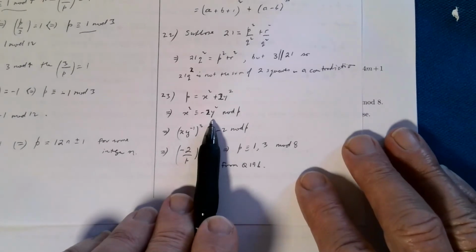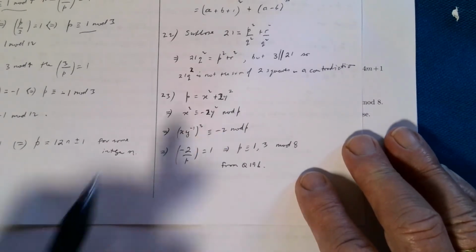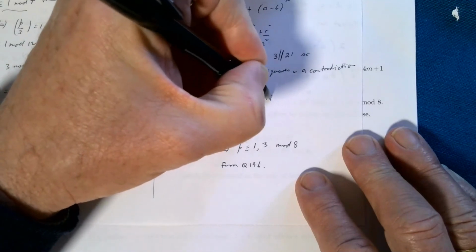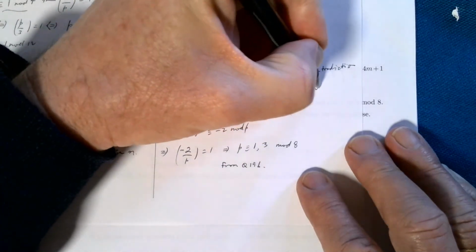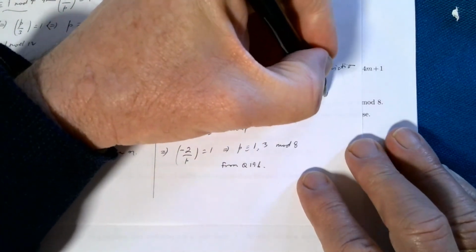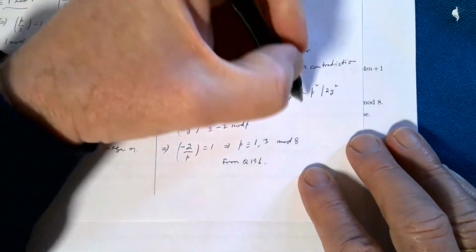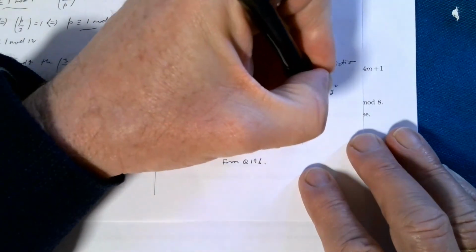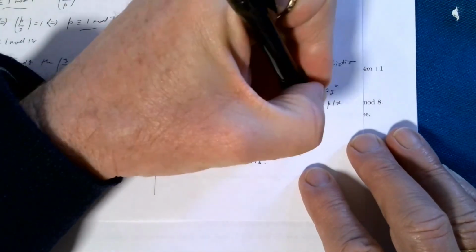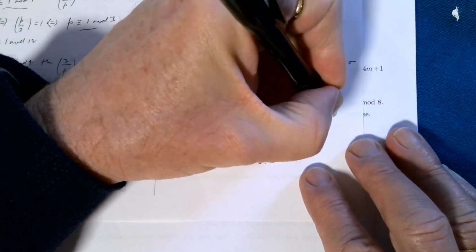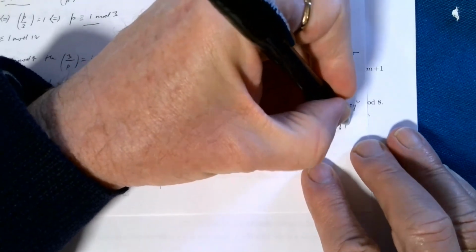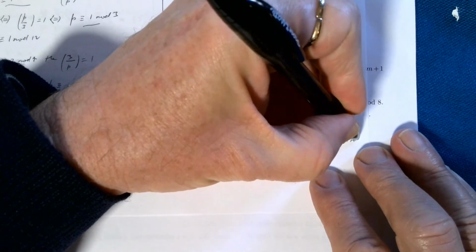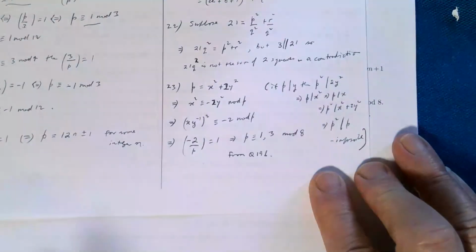Now I should really point out here, I'll just do this over the side, that if p divides y, then p squared divides 2y squared, and that would then imply that p divides x squared, which would imply p divides x, which would imply p squared divides x squared plus 2y squared, which would imply p squared divides p, and that's impossible. So just a little side calculation here.